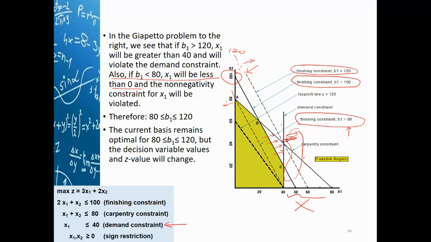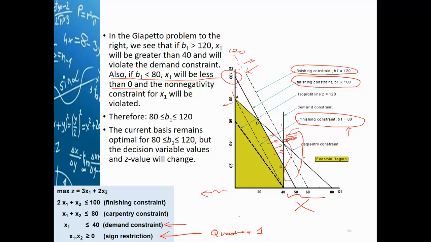Your value now should be somewhere over here. Remember x1, your value should be somewhere over here, whereas our intention is that we just focus on the first quadrant, so your non-negativity constraint will be violated. That also does not make sense, right?